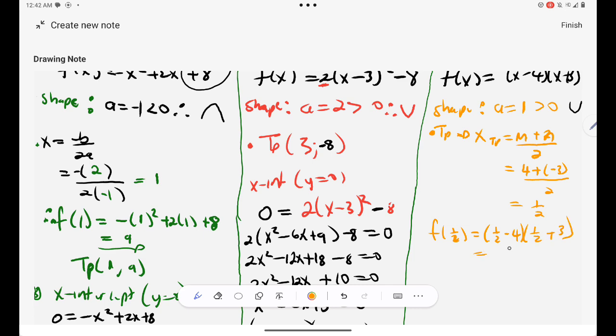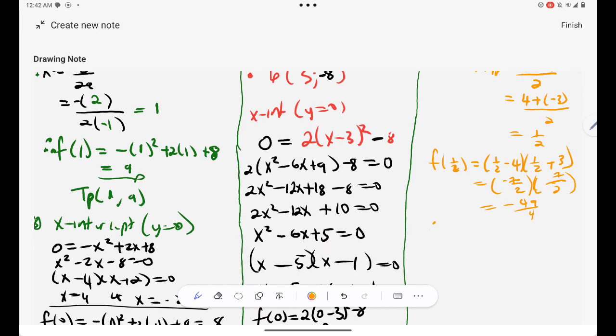What do we get here? 1 over 2 minus 4, negative 7 over 2, and then here I'll get 7 over 2, negative 49 over 4. So the coordinates of the turning point are 1 over 2 and negative 49 over 4.